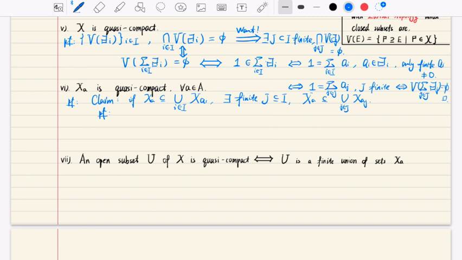So this condition is equivalent to A belongs to the radical of the ideal generated by the AI. Why?